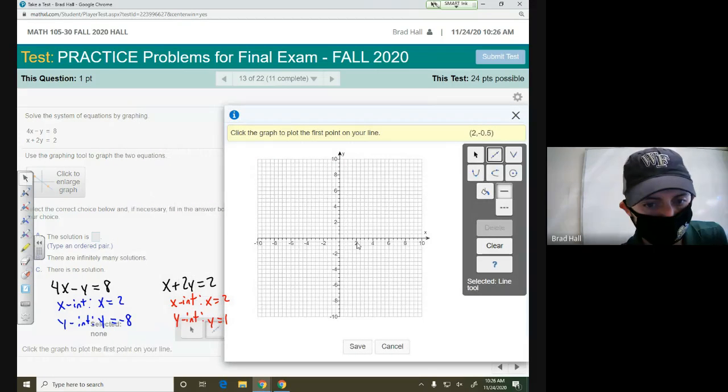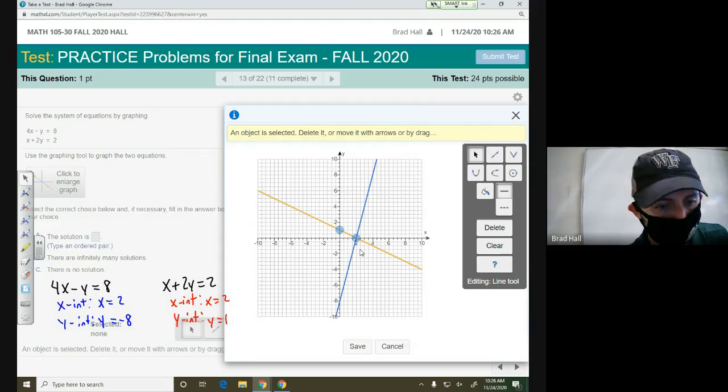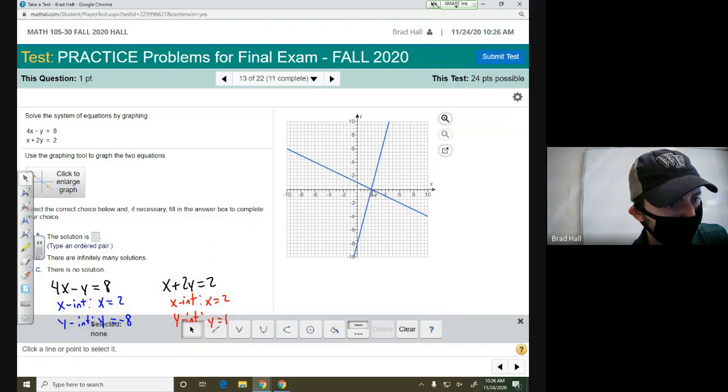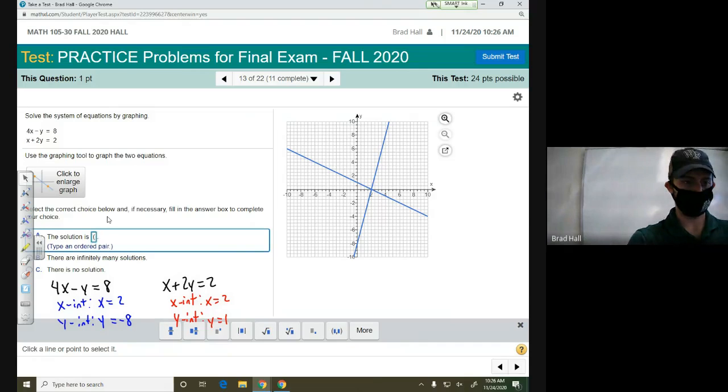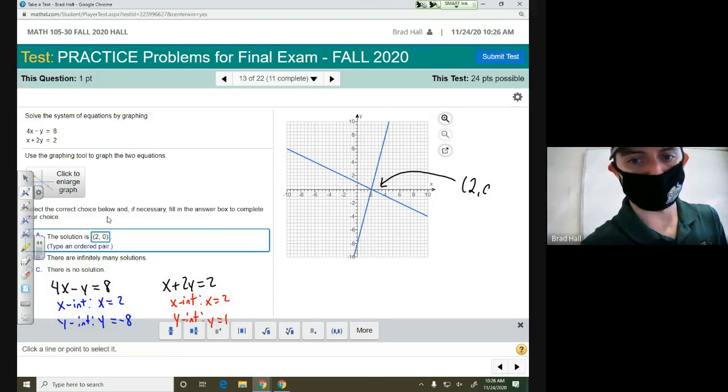So the x-intercept is 2, the y-intercept is -8. The x-intercept is 2 again. Oh, well, that actually answers it for us. These go by halves. So I think it's pretty clear that the point of intersection is x is equal to 2, or in other words, as an ordered pair, it's just (2, 0). It's the exact point at which the two lines intersect.